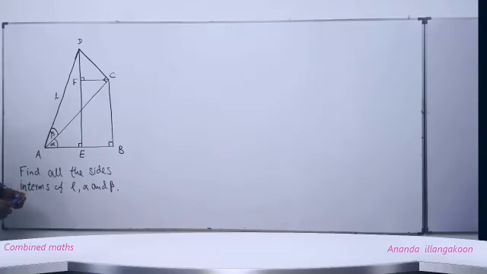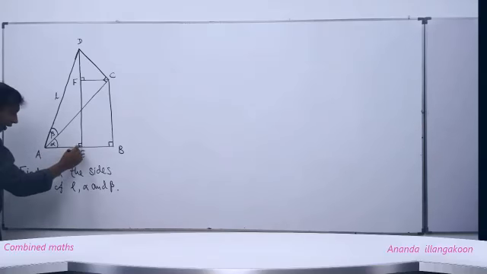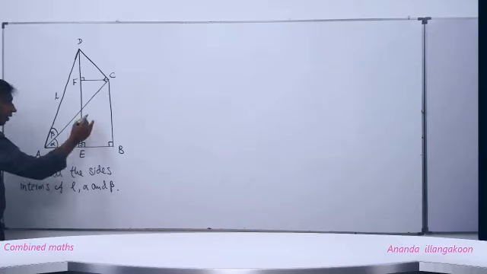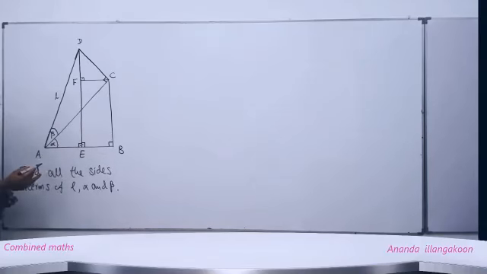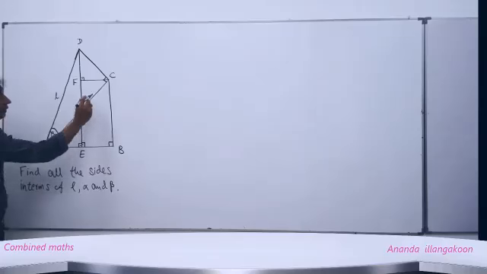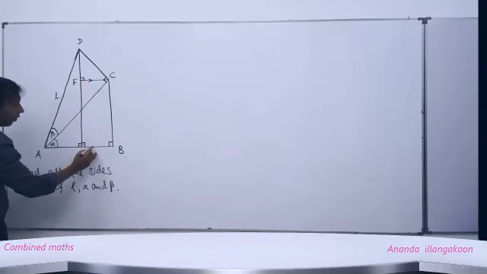Okay. Now let's see how to take that. First thing is this. Here this is 90. Therefore, this is also 90. This angle and this angle are equal. They are corresponding angles. When the corresponding angles are equal, this side and this side are parallel.